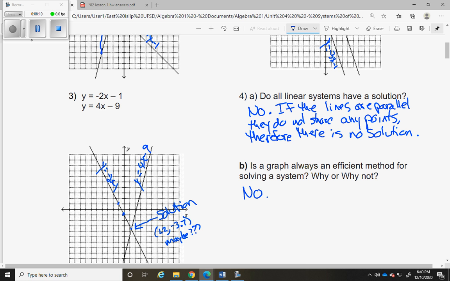And it's because sometimes the lines don't cross at integer values. Sometimes the lines don't share a point whose coordinates are integer values. That might be a nicer way of saying it.